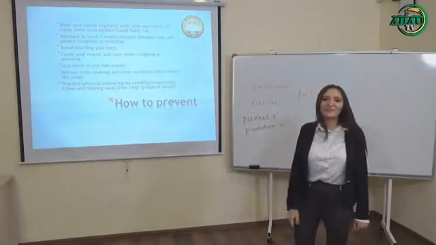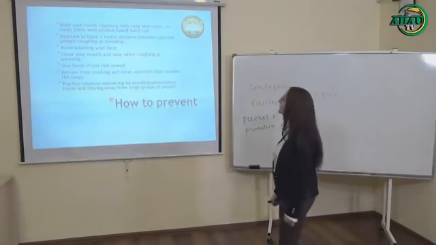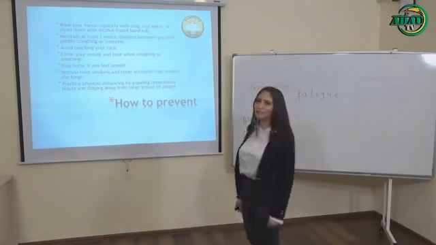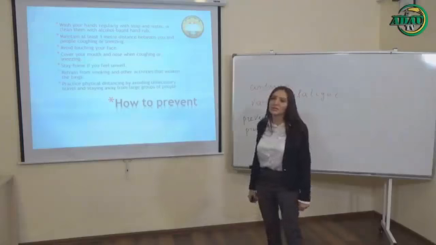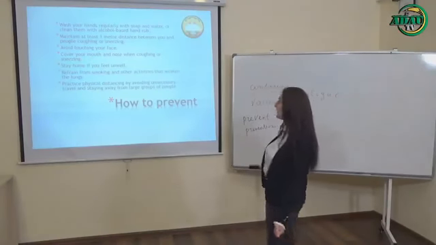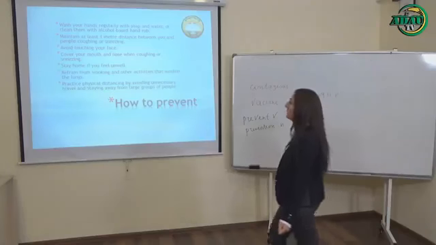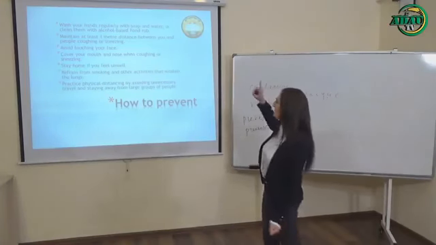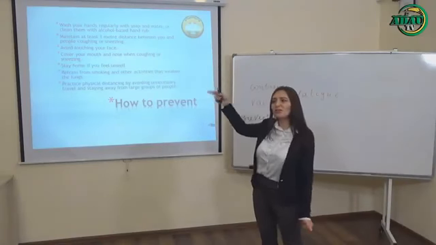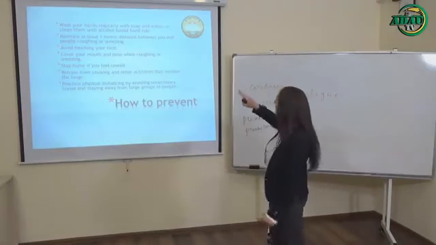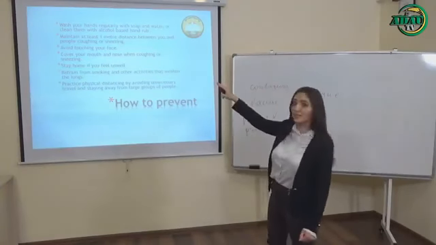Okay, how to prevent? So, wash your hands regularly with soap. By the way, these words are taken from the World Health Organization's website. Wash your hands regularly with soap and water, or clean them with alcohol-based hand rub, maintaining at least 1 meter distance, but 1 and 1.8, it's usually, or 2 meters, between you and people coughing or sneezing.